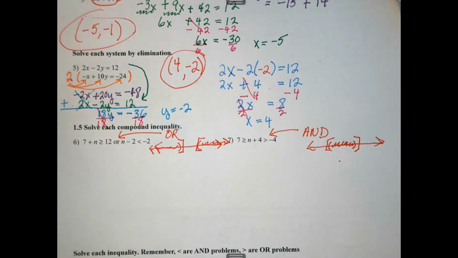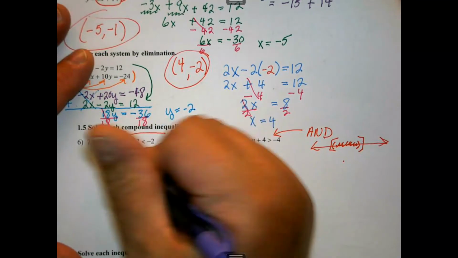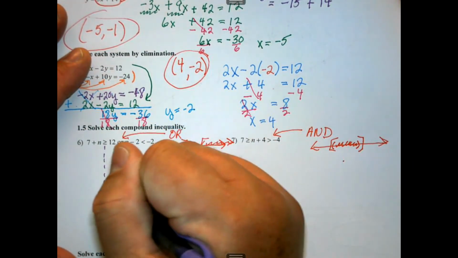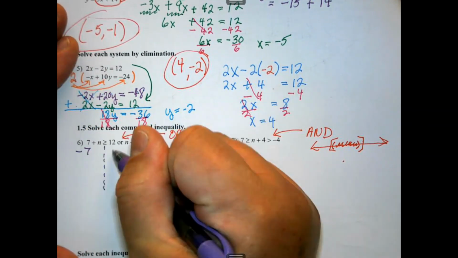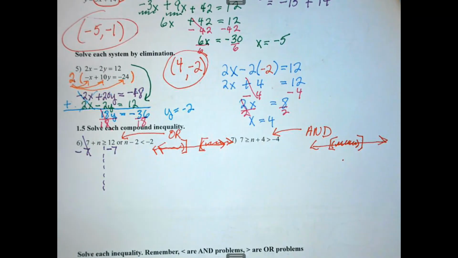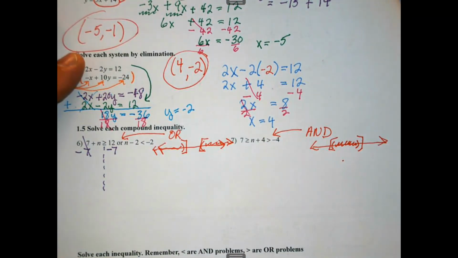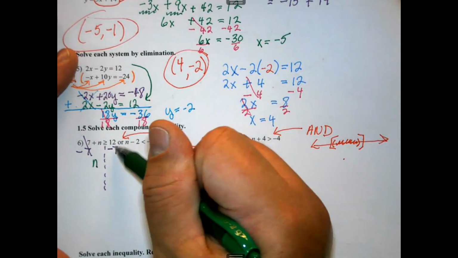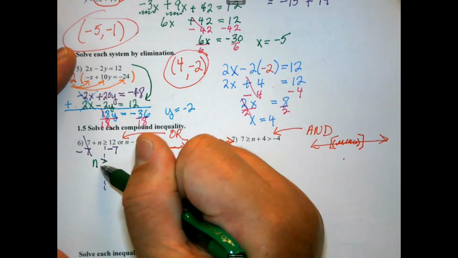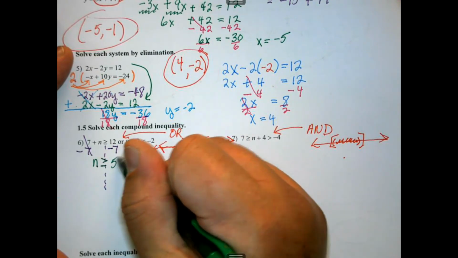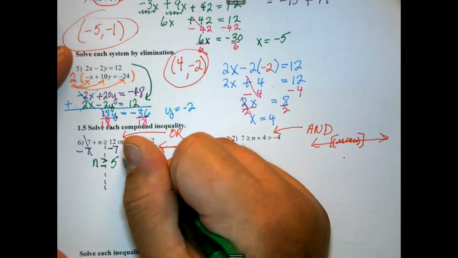Okay, let's go ahead and solve these inequalities. These are two separate inequalities. So I'm going to subtract 7 from both sides. Remember with inequalities, if you multiply or divide by a negative number, then you flip the signs. Here we're subtracting, so we don't have to worry about the sign. 12 minus 7, 5. It's an OR problem.